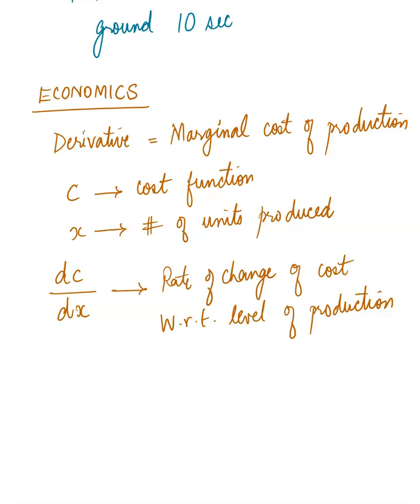And so the C function, the cost function, cost as a function of the number of units produced, C of X, will have a number of factors that will help to arrive at the cost of producing something. So let me write here in pure mathematical terms and explain it to you.